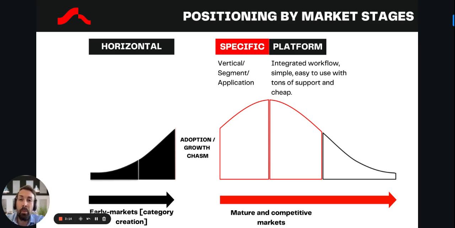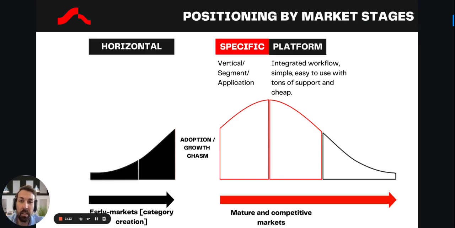But that being said, we are teaching you all how to go more specific because you want to start this exercise as soon as possible. Because what crosses to the mainstream, and remember, the mainstream is the big chunk of the opportunity. Most of your prospective buyers are in the mainstream.